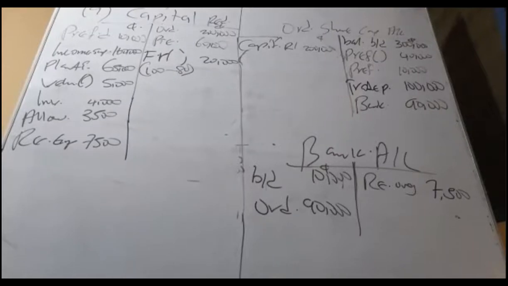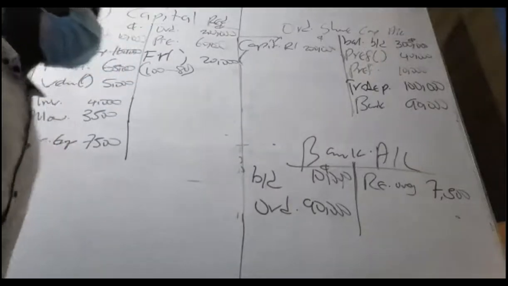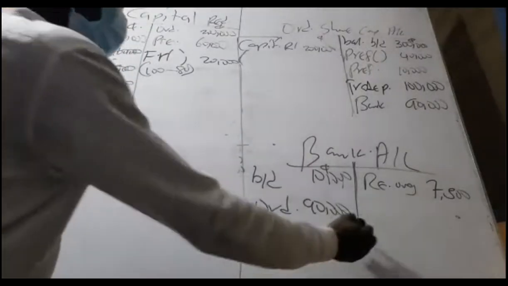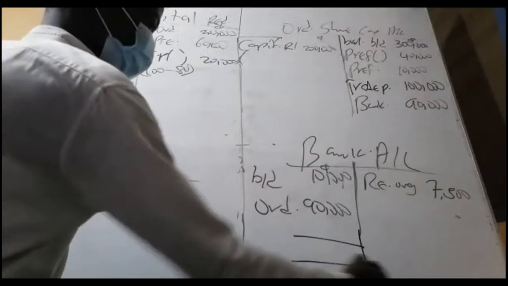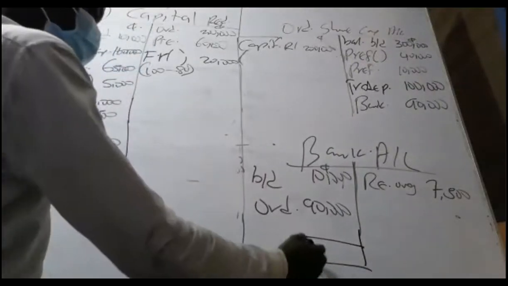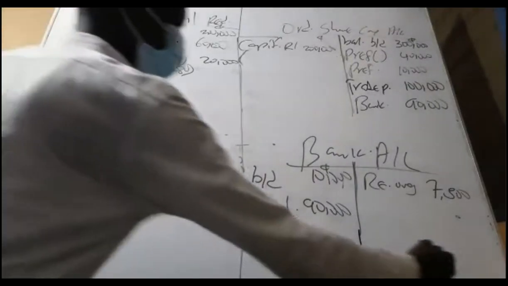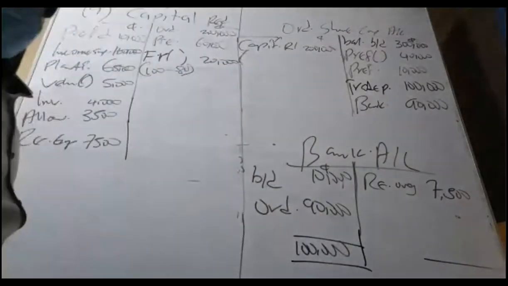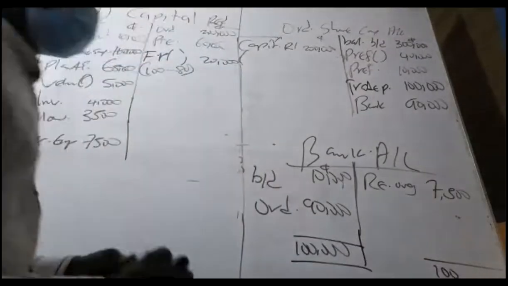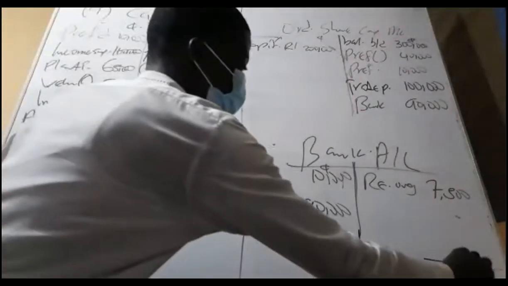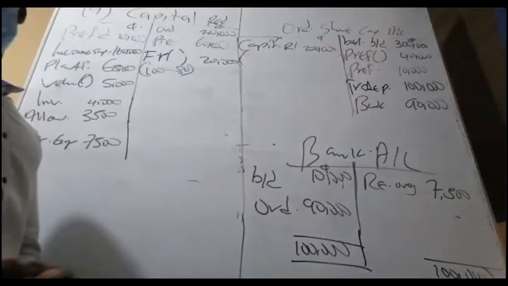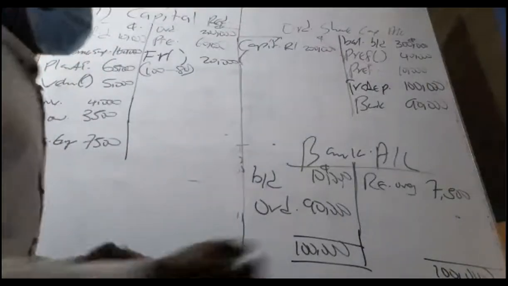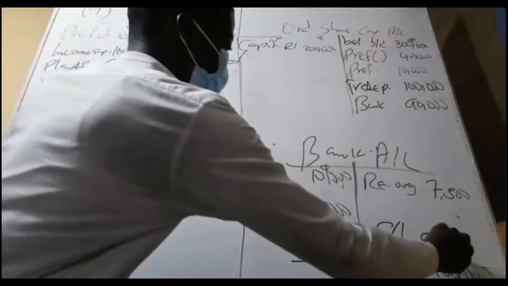Okay, so how do you balance it? First, I balance the bank account. So I'll add all this side. I'll get 100,000. I'll get another 100,000 here. Then you find the difference. So that's the balance carried down of 92,500.